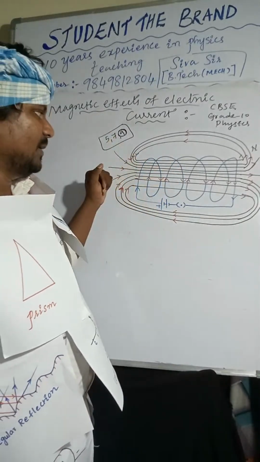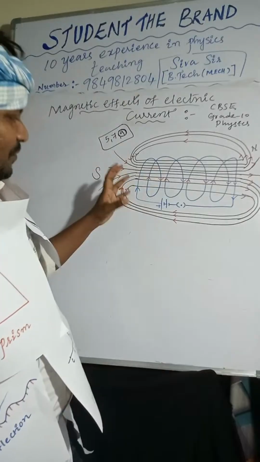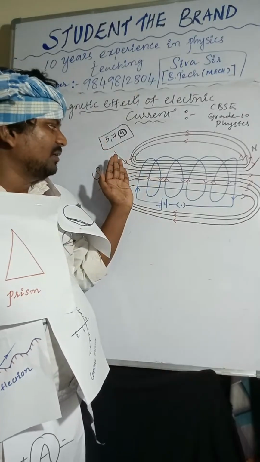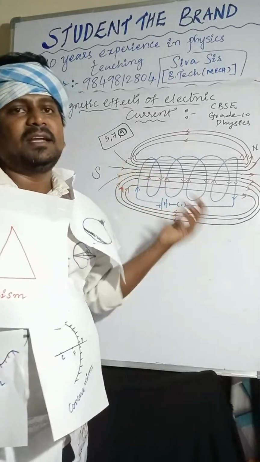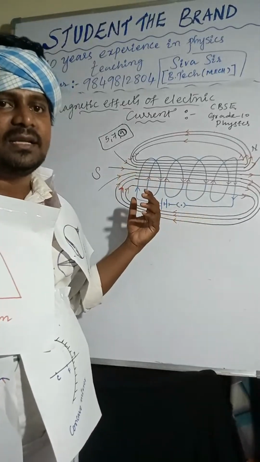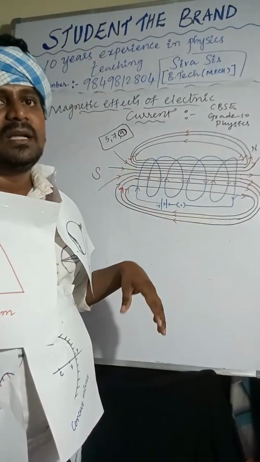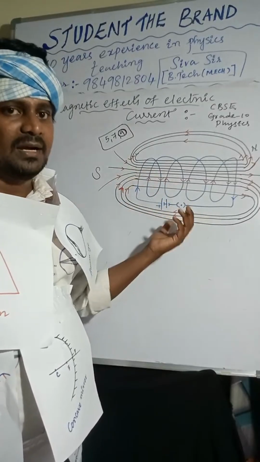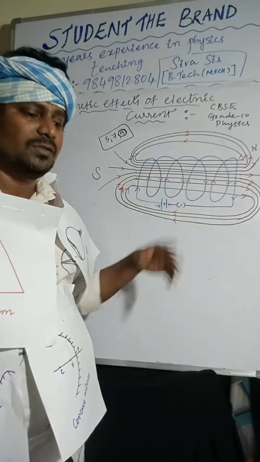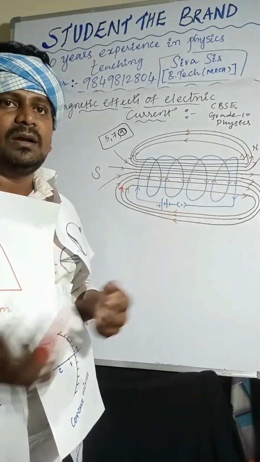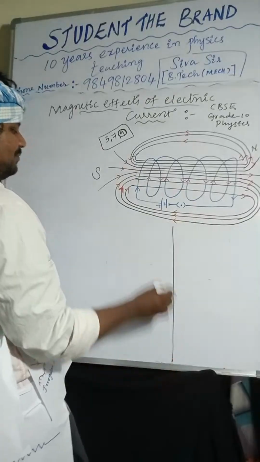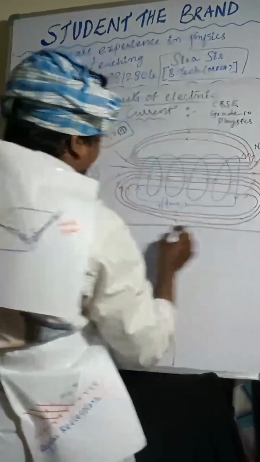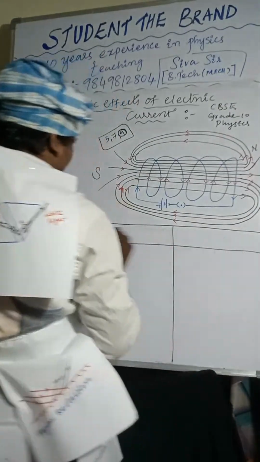Next, the magnetic field here in this case can be changed. We can increase the magnetic field, we can decrease it, and whenever we want we can magnetize, and whenever we don't want we can remove the magnetic field. Here I'm considering the difference between a bar magnet and a solenoid.